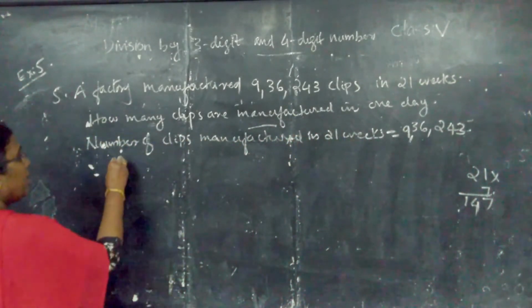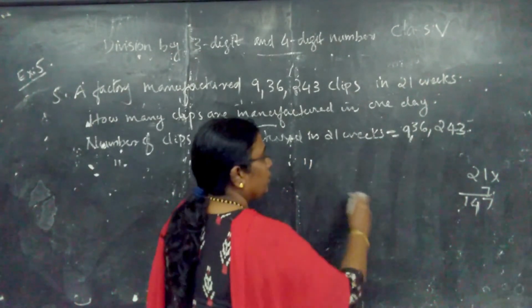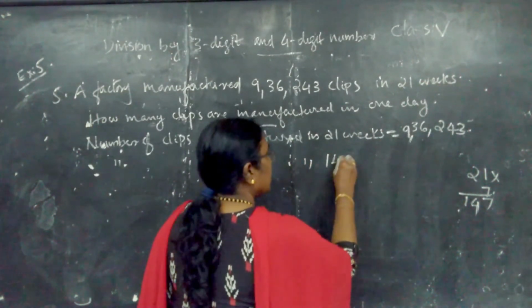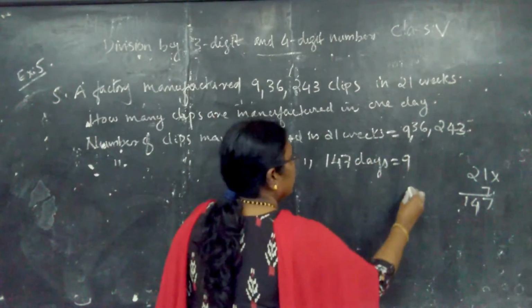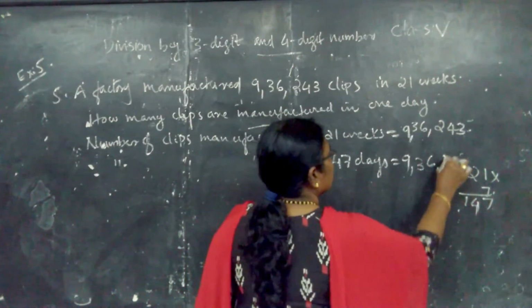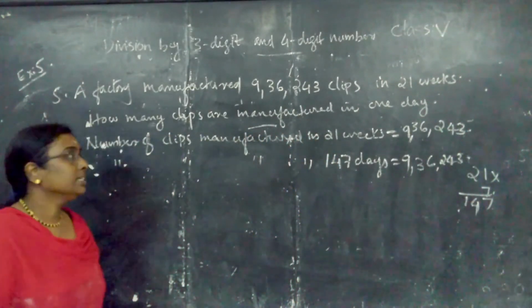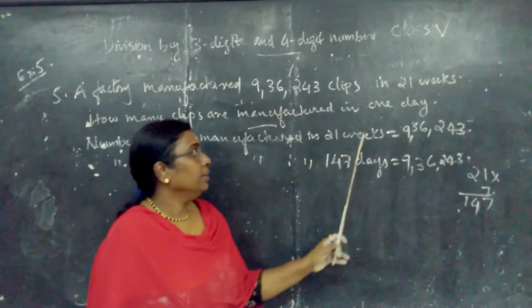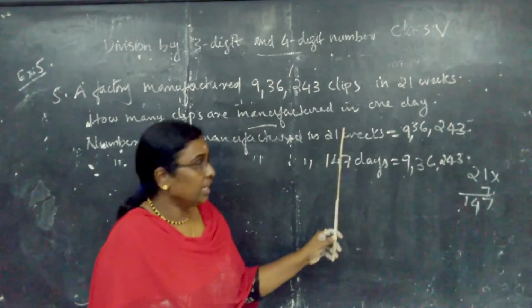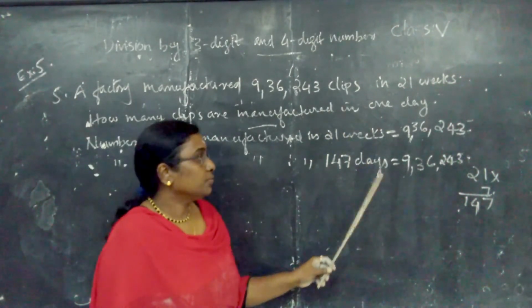That is the number of clips manufactured in 21 weeks. Instead of 21 weeks, we can write 147 days, equal to 9,36,243. Am I correct? 21 weeks is same as 147 days.